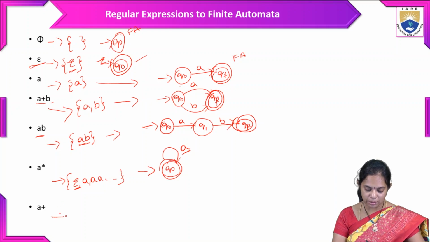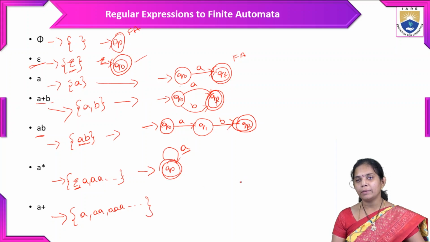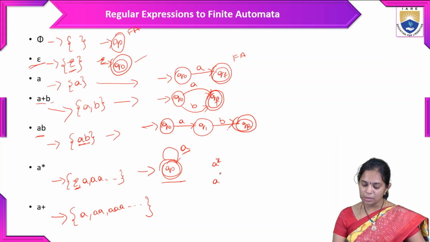And a plus. Here a plus indicates a, aa, aaa and so on. See here we have the a here. So here a plus, a star is there. This is a star, and the difference with a plus is that the epsilon is included here. There is no epsilon there.